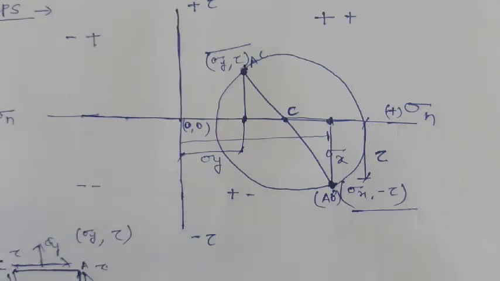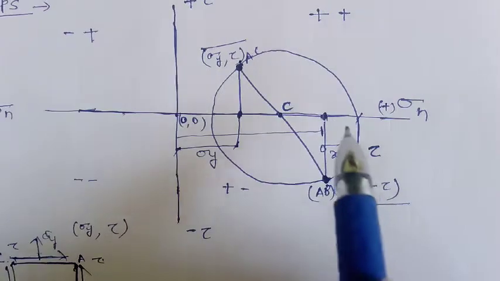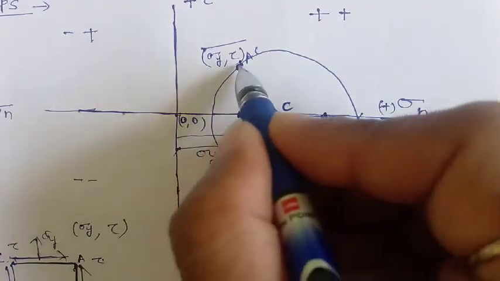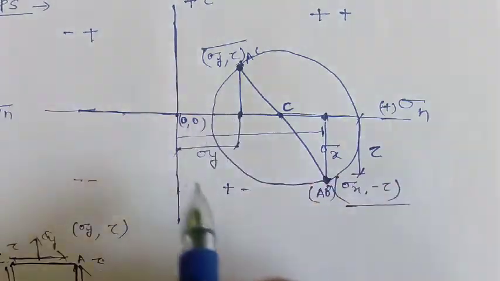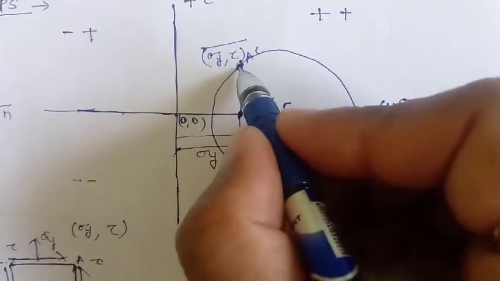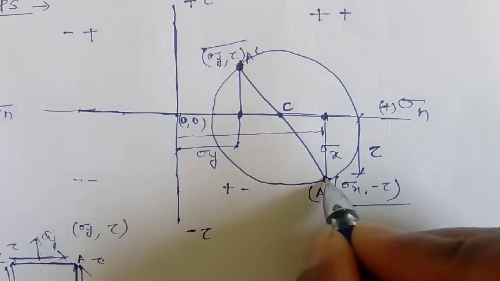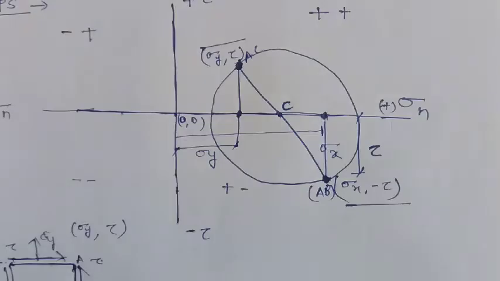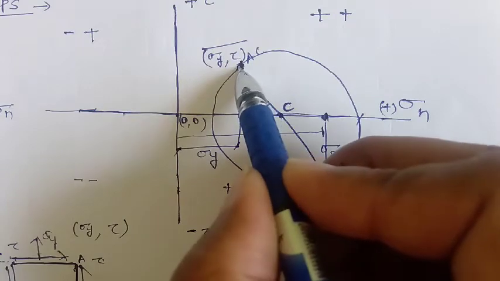The very important thing is that this is the Mohr circle, and this is the circumference of the Mohr circle, and we have talked that each plane will be a point on a Mohr circle. So here we can see that the plane is a point on the circumference of the Mohr circle. This is the X plane, AB plane, this is the Y plane, AC plane.